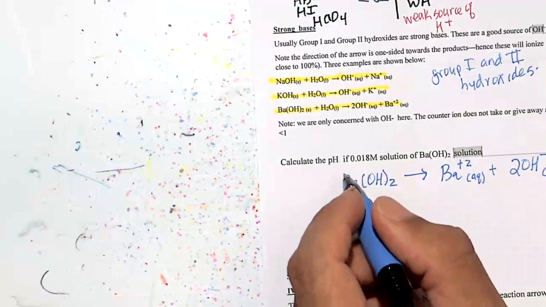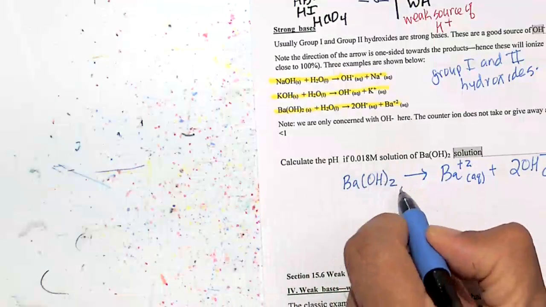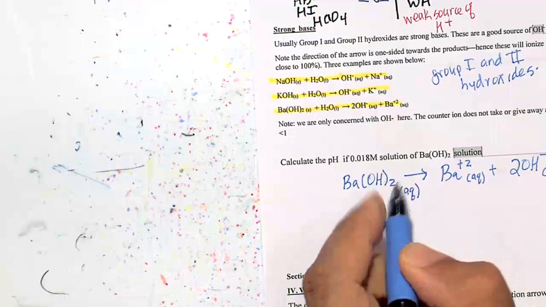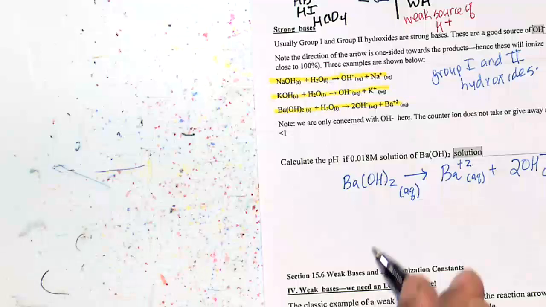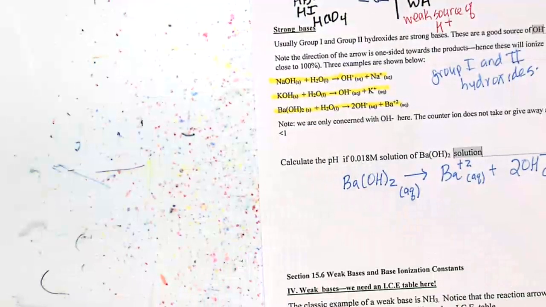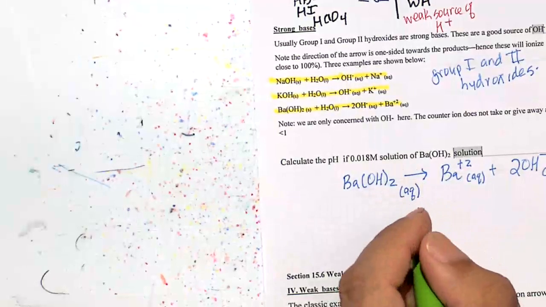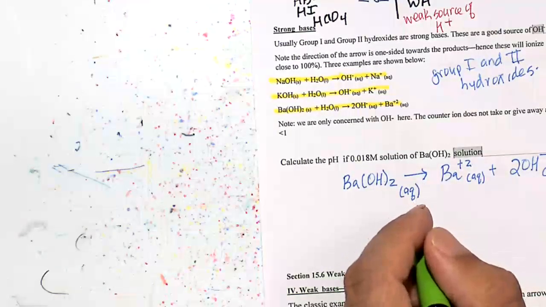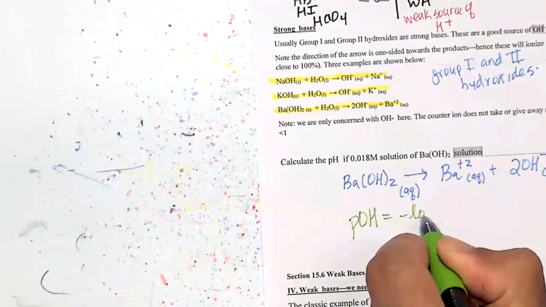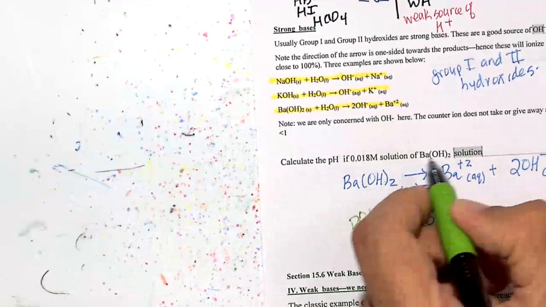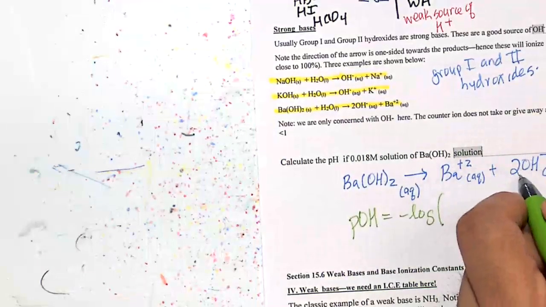Alright, so how will we calculate the pH of this? Barium hydroxide in water is barium ion plus hydroxide ion. So how will we calculate the pH? What should we calculate first? We can't calculate the pH first. Which one should we calculate? pOH, correct. It's going to be minus the log. So this is tricky, I have to admit.